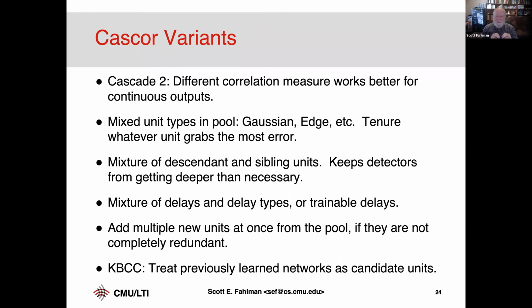We kept working on it, but then we had to go do different things because there was no funding for this. But what you could do is have in the candidate pool some descendant units, meaning they make the network deeper. They look at all the previous units, and some sibling units that don't look at the last one, the most recently created hidden unit. And if that works just as well, sure, add him. It's not making the network any deeper.